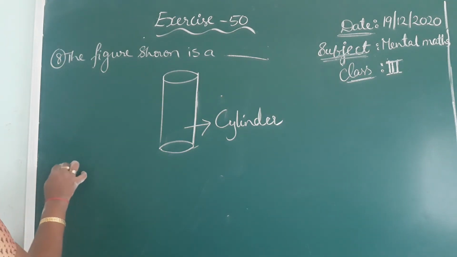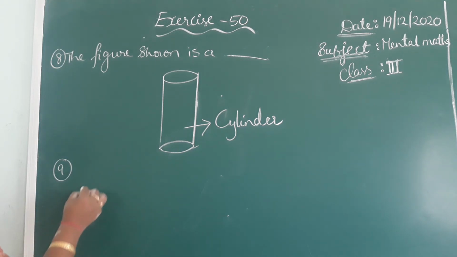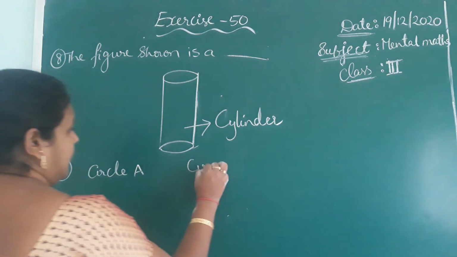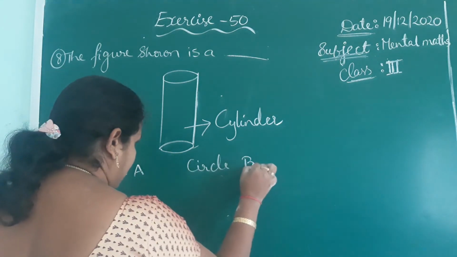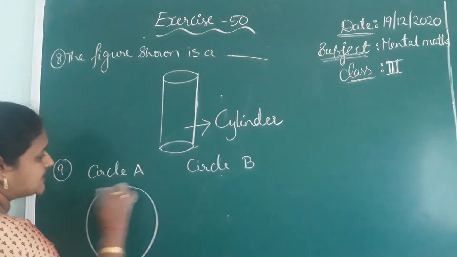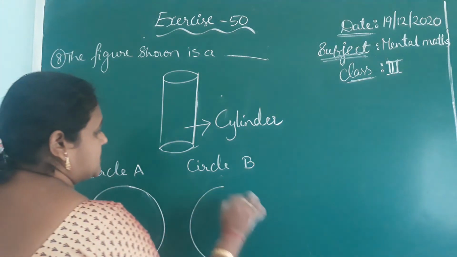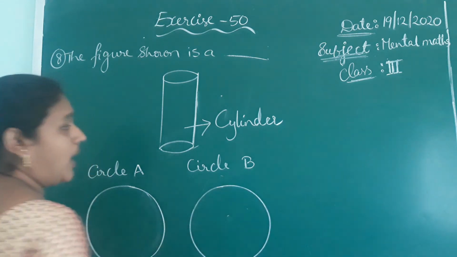Ninth one. Divide circle A into half and circle B into eighths. Two circles were given and they asked us to divide circle A into half.